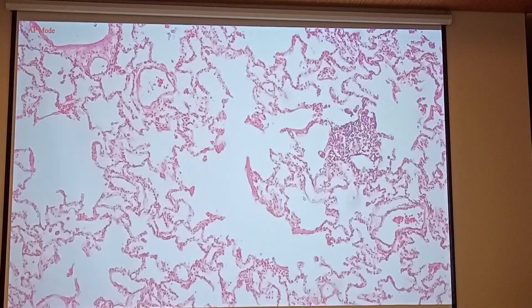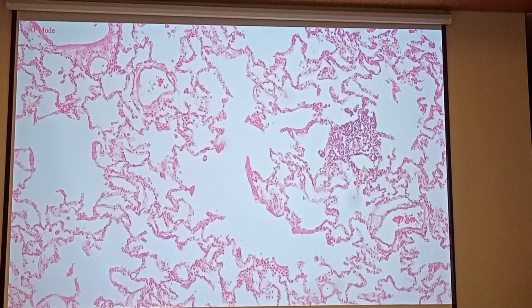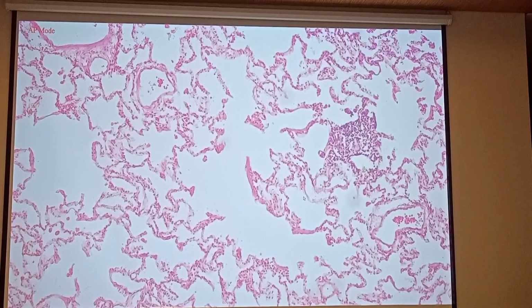But this is known as sarcoidosis. Actually, technically, it can involve any part of your body, but it most commonly involves the, anong tissue yan? Lungs. Yes, the lungs.